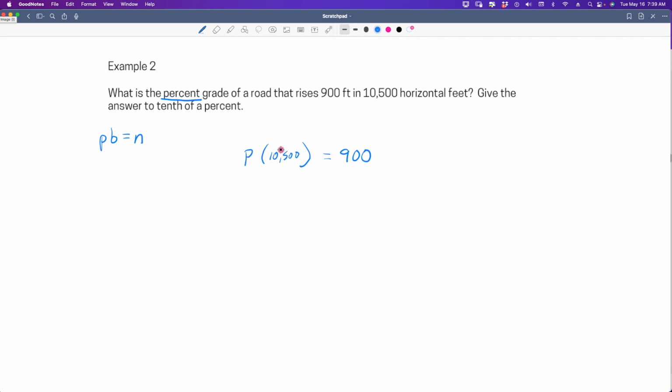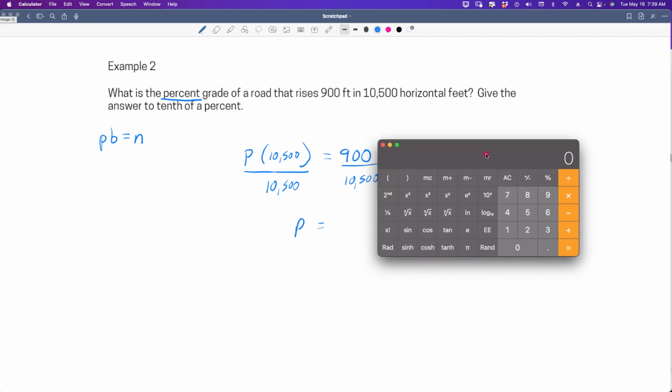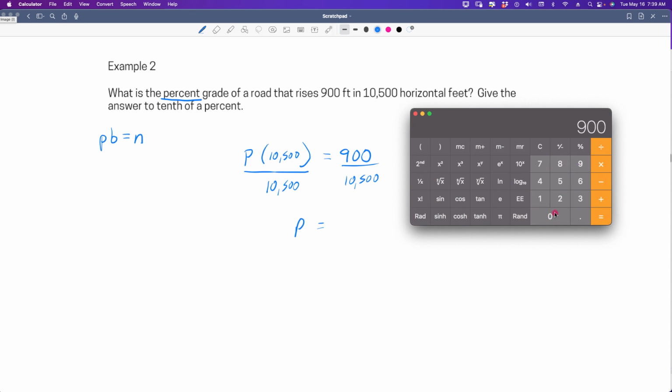So when we have a variable times a number, and that gives us an answer, we divide by the number that we know to tell us what the number we don't know is. So we're going to divide both sides by 10,500. And our percent is going to equal, when we pull up our calculator, we're just going to simply do 900 divided by 10,500.